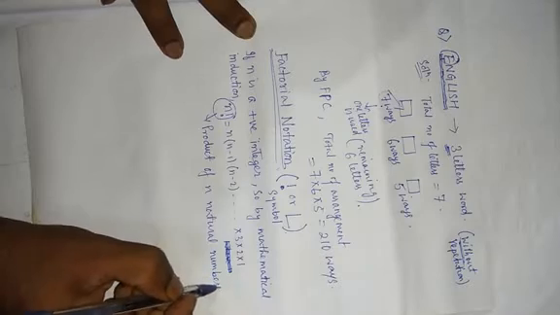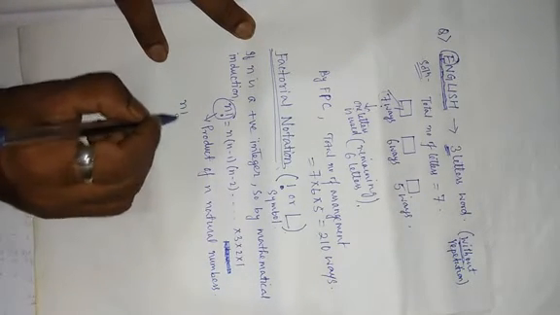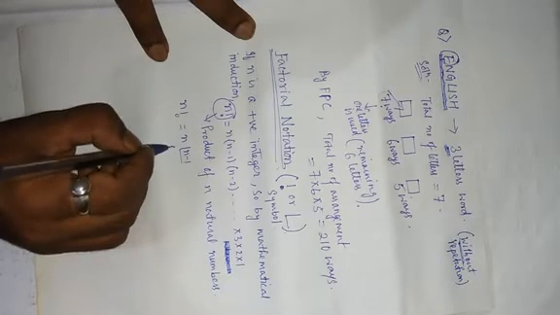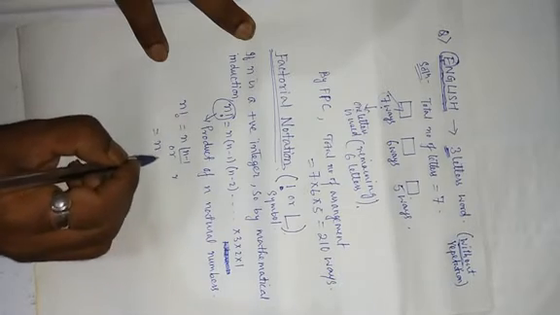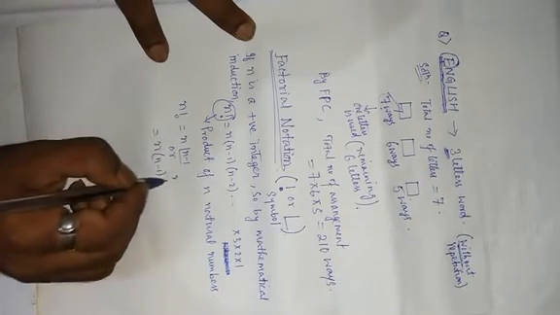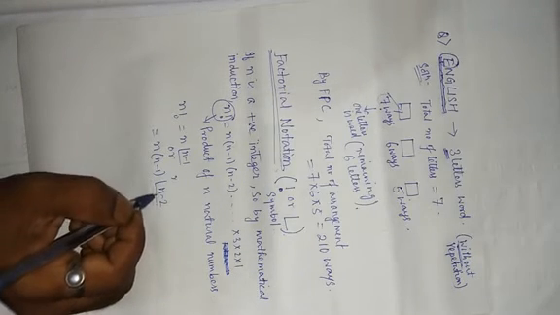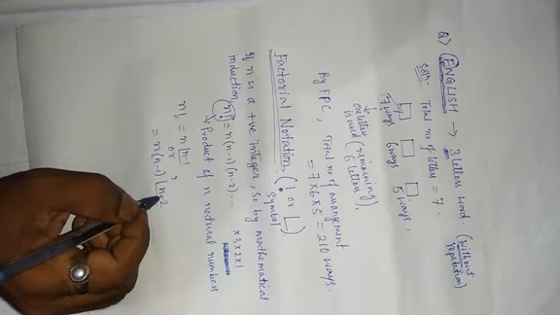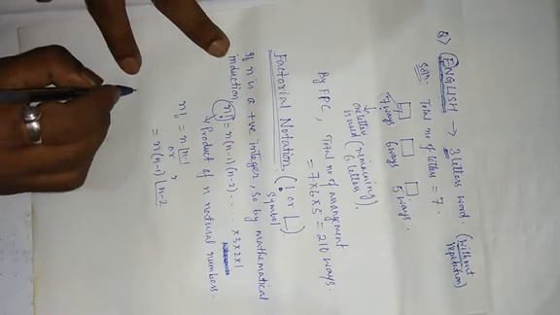n factorial can also be written as n into n minus 1 factorial, or I can write it as n into n minus 1 into n minus 2 factorial. So way of writing depends on our requirement. So there are some standard values of factorial notation.